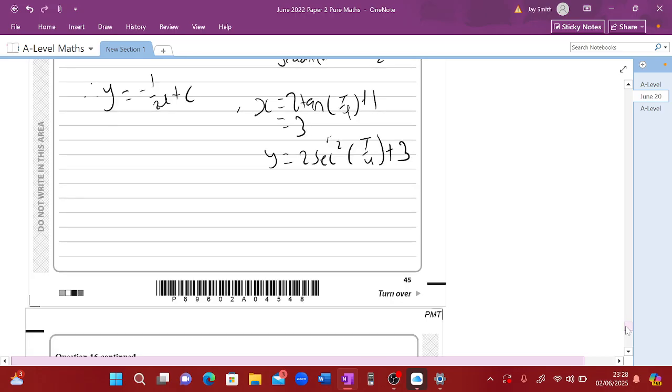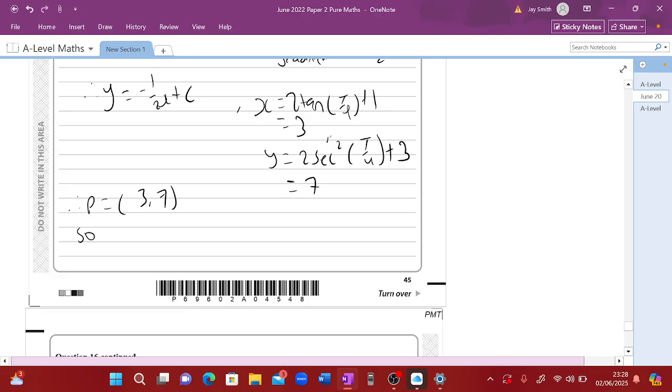Cool. And then you put that into the calculator. That's going to be 2, which is 1 over cos, because obviously sec is 1 over cos, of pi over 4, all squared. Add 3, which will get you 7. So that means P is the point (3, 7).